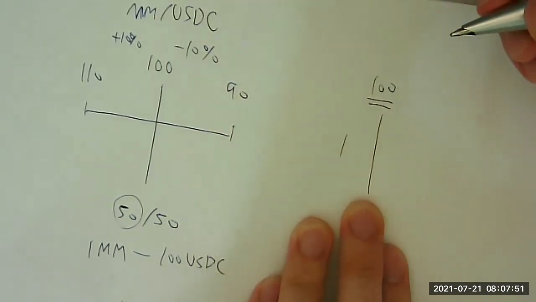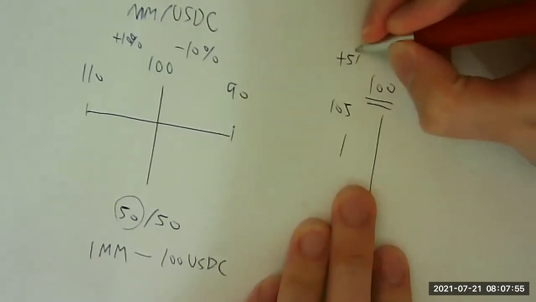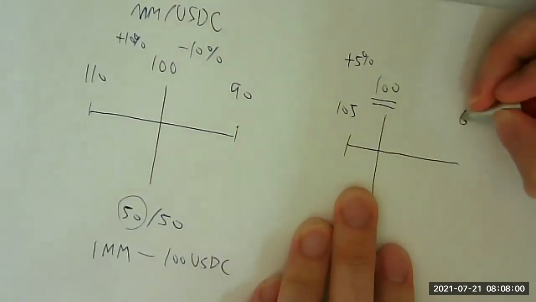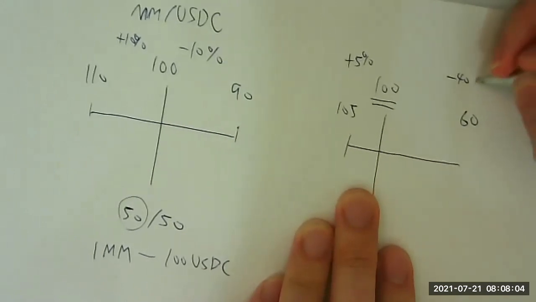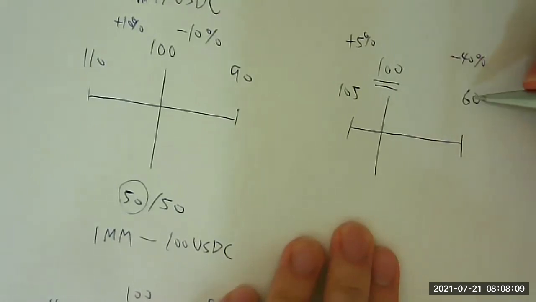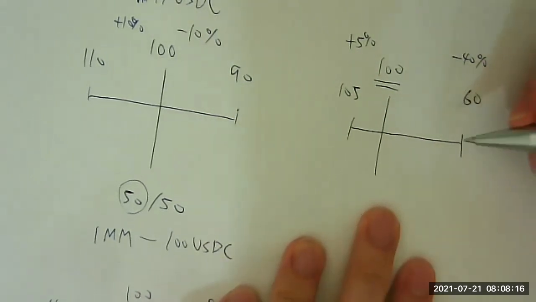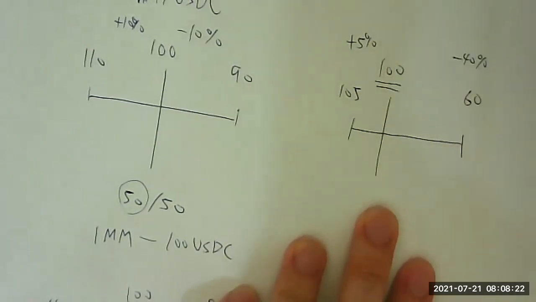So for demonstration purposes, let me just say 105. So that's plus 5%. And then the bottom, let's just say 60, which is much lower than the current price, minus 40%, right? Of course, it depends on how far you think the price will slip, and how far you want your support to go. But let's just say it's 5% up and 40% down.